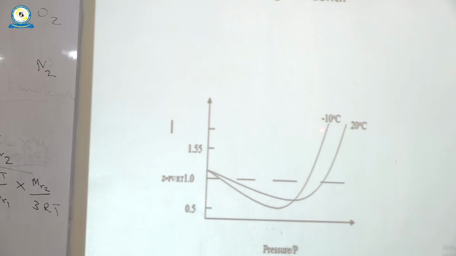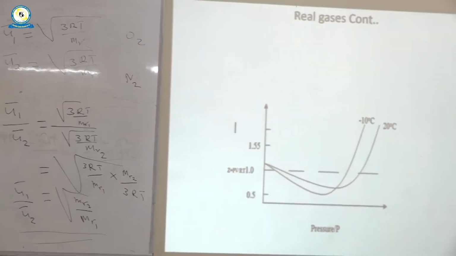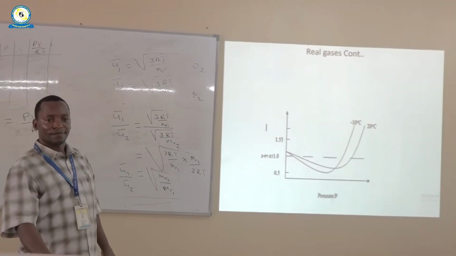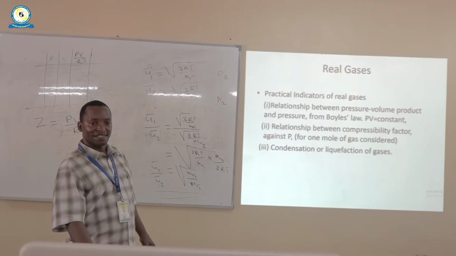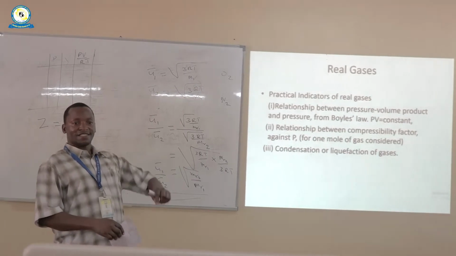At a certain temperature, at 10 degrees centigrade, it was found that it behaves like that. At another temperature, at 20 degrees centigrade, it behaved like that. So this shows that there is deviation of gases from ideal gas behavior.